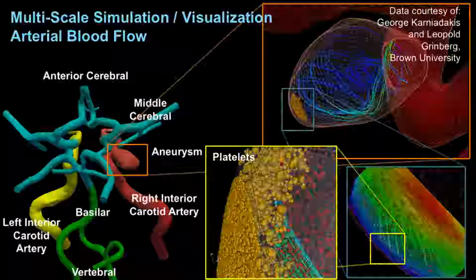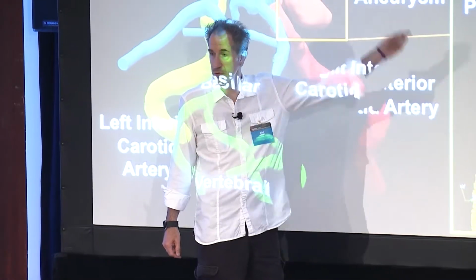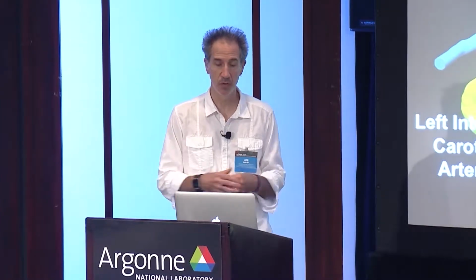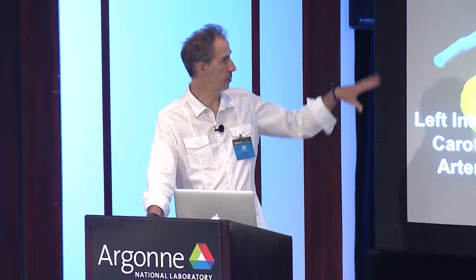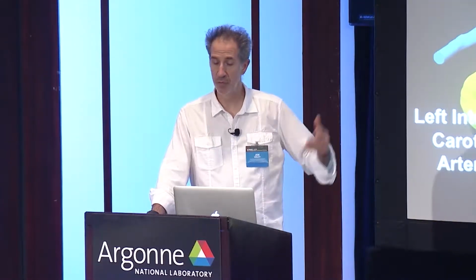Obviously there's no way to do this level of detail throughout the entire system. There's just not enough compute for that. So it's important to be able to couple these two different scaled codes so they can talk to each other. The overall flow impacts the positions of the particles, and in turn, those particles impact how the flow can move through that domain.